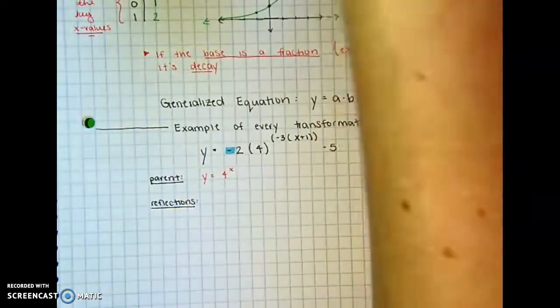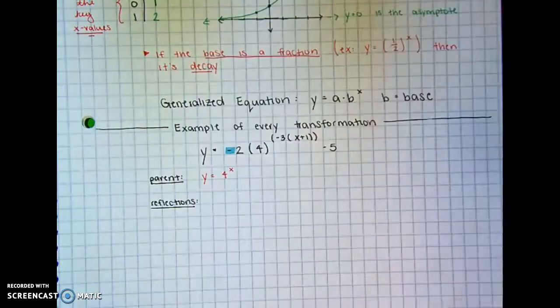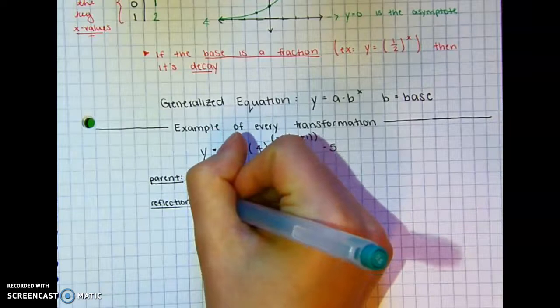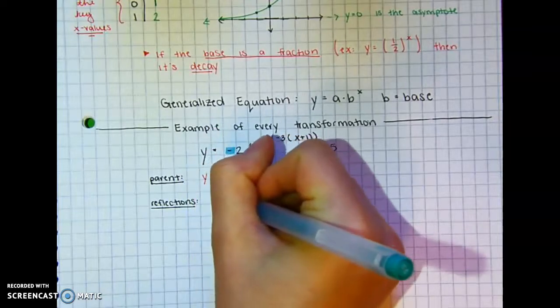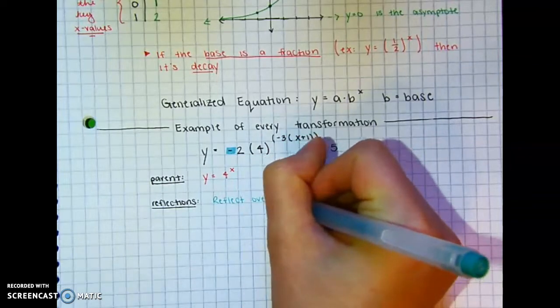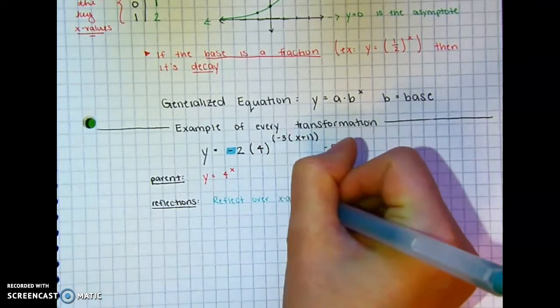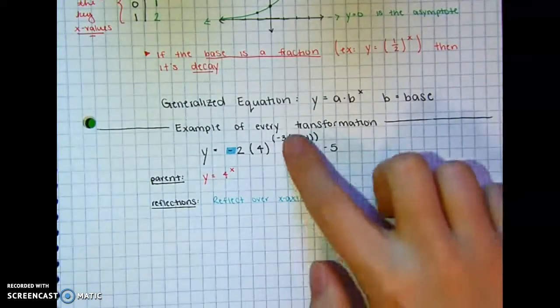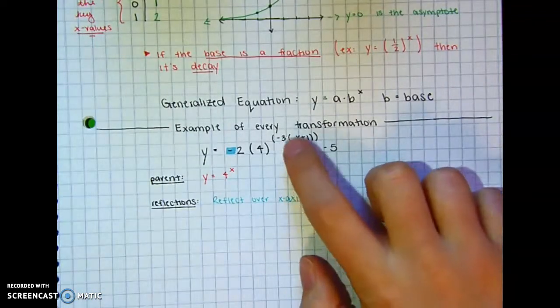The one that I've highlighted in blue is a reflection over the x-axis. Okay, whereas up here we're multiplying by another negative number.